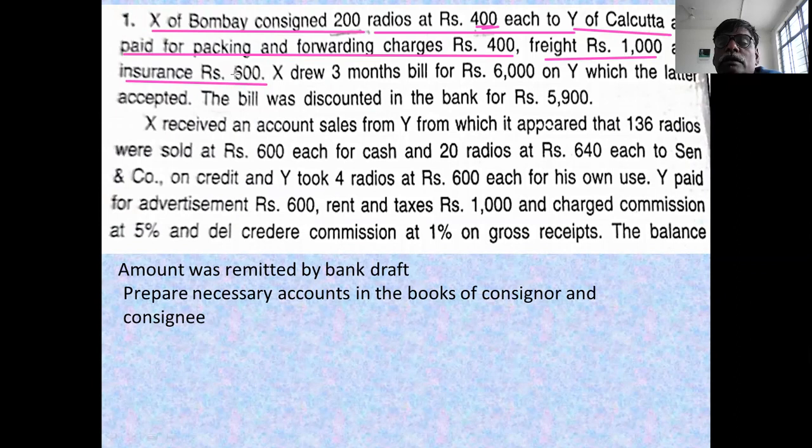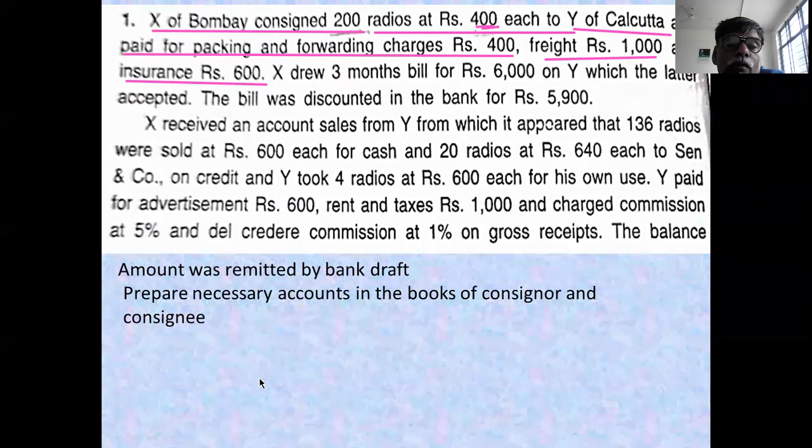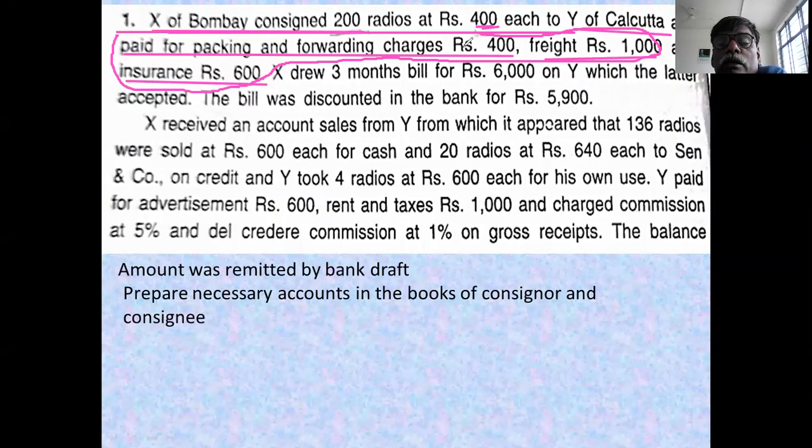These three expenses are paid by the consignor. Therefore, these expenses are called expenses paid by consignor. And this is the second item in the consignment account.